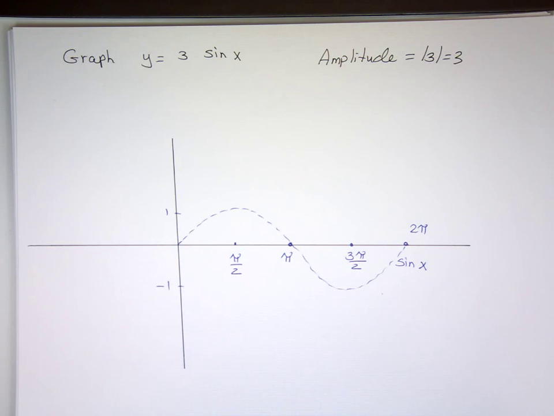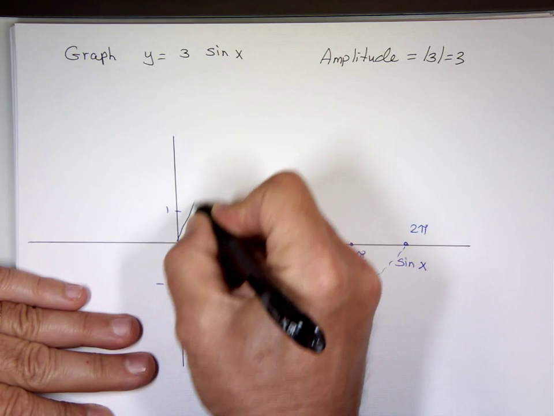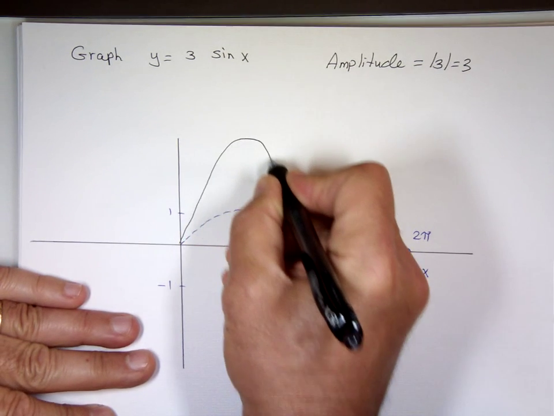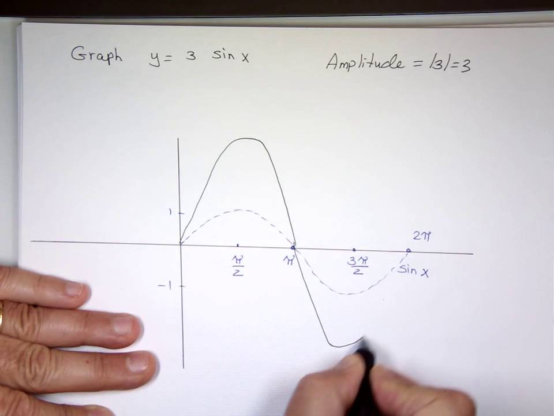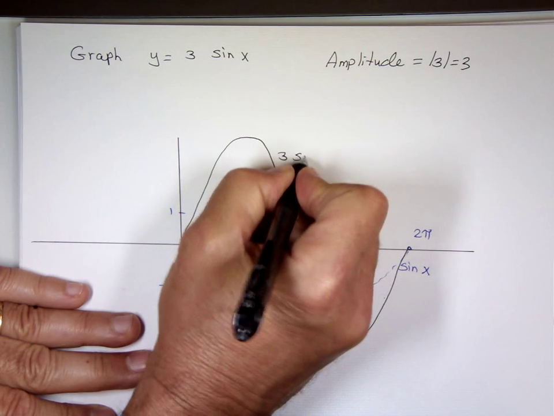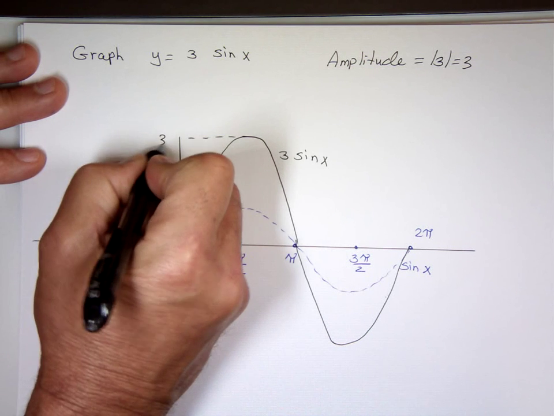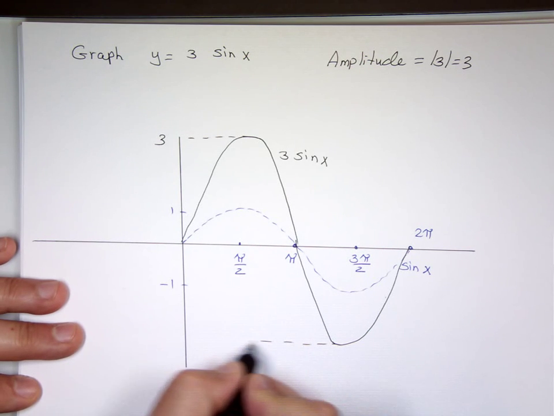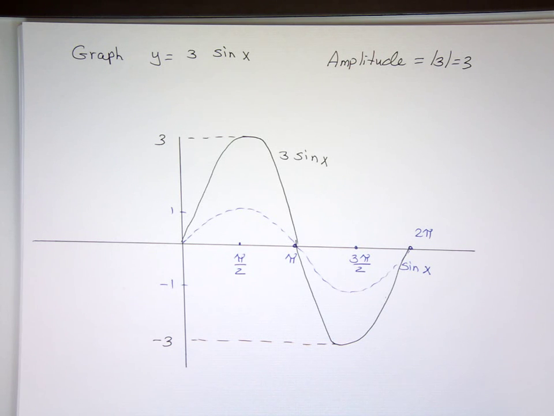Take that and stretch it as high as what? 3. So the graph will look like this. Still goes through the same points. So this is 3 sine of x. It goes as high as what? 3. As low as what? Negative 3. The same shape.